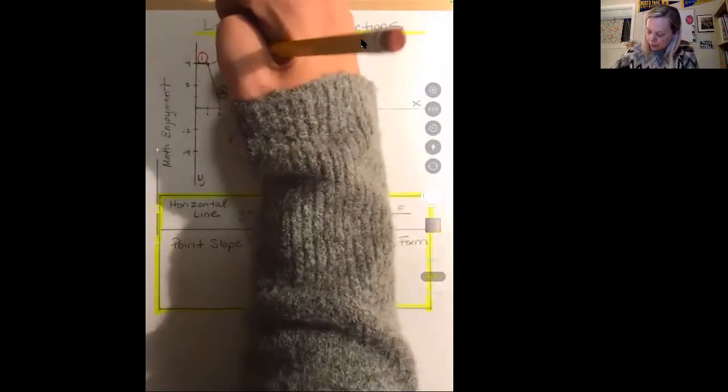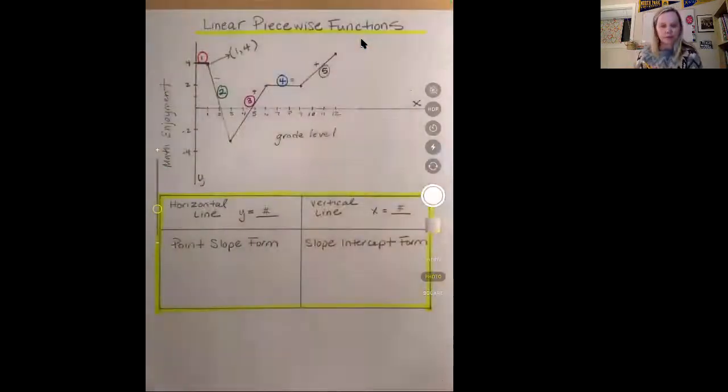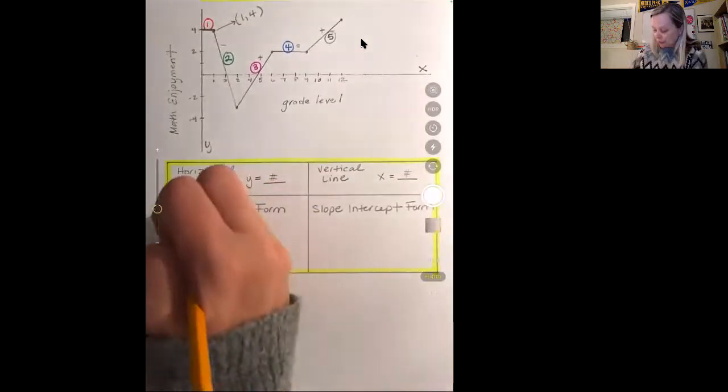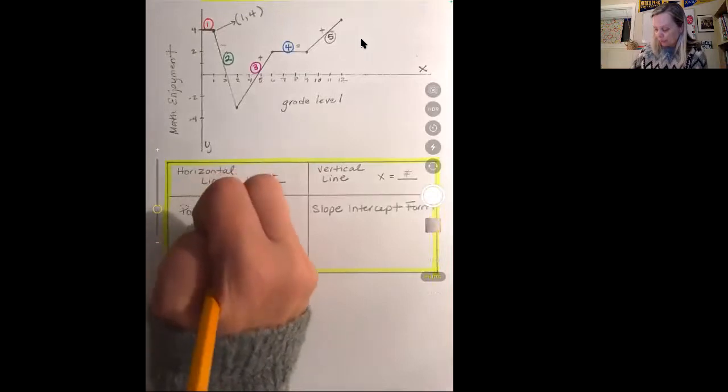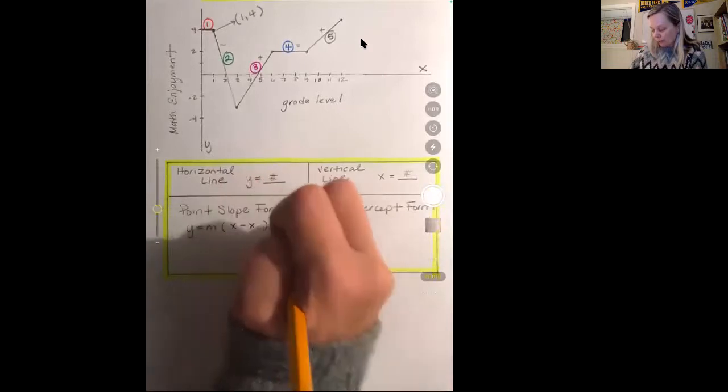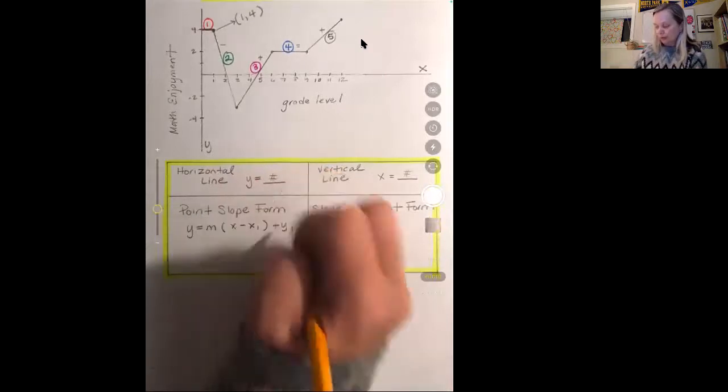So it would have the coordinates 1, 4, that point there. So if you have a slope and you have a point, you can use this equation. And the equation is y equals m, which stands for slope, times x minus x1, plus y1.